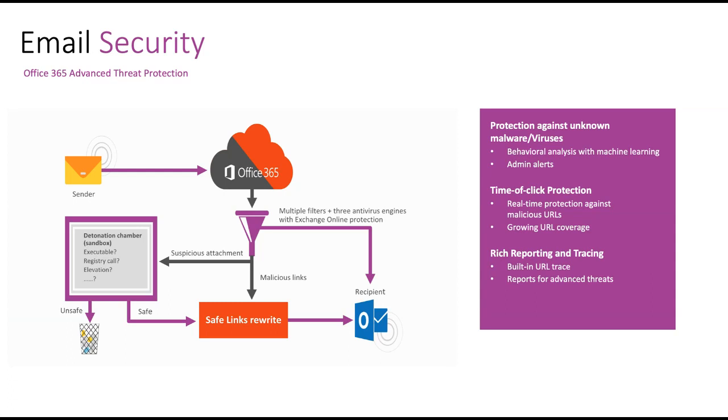And the malicious links element of this as well, if you get sent a URL, this will redirect it to protection.outlook.com, which will run that URL briefly to ensure that it's a safe website and then allow the recipient to go there should it be safe.